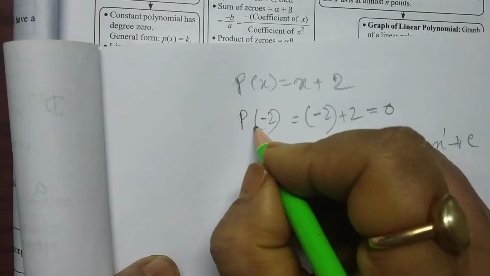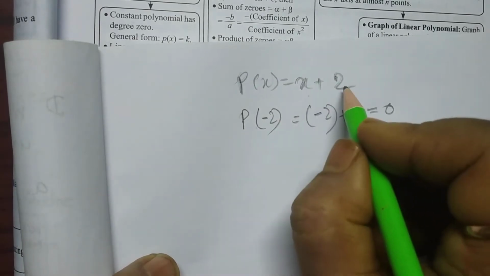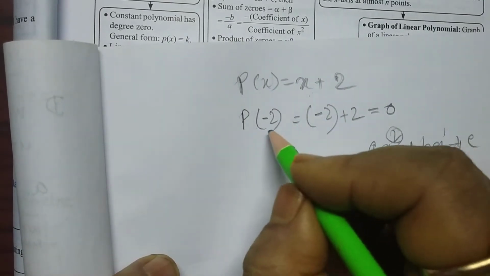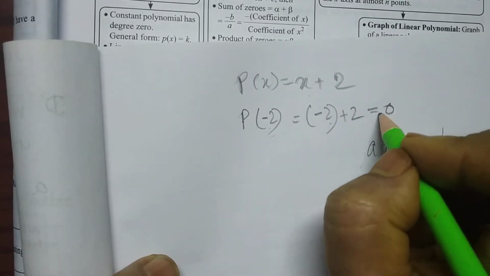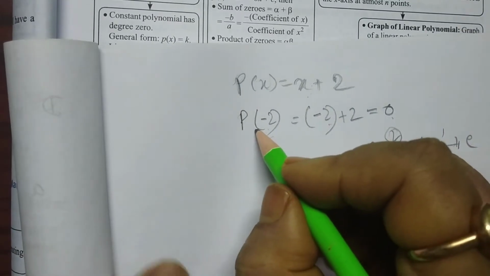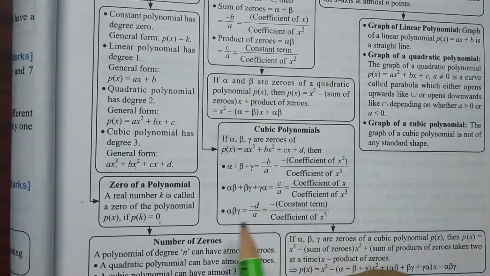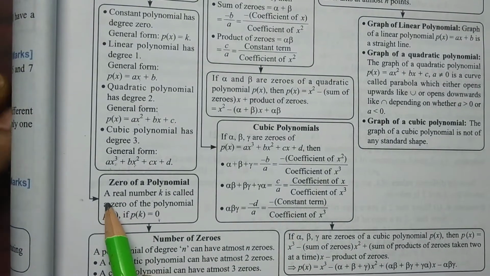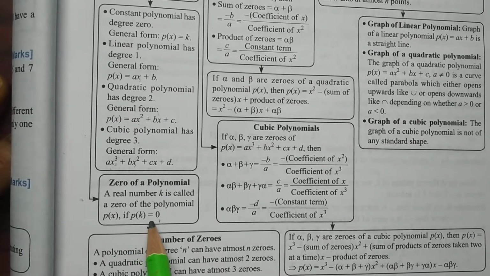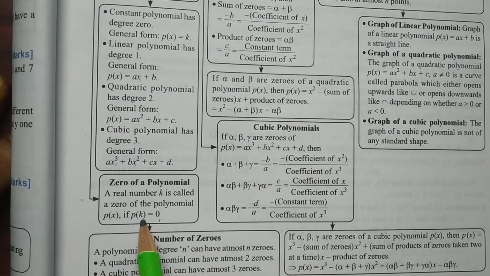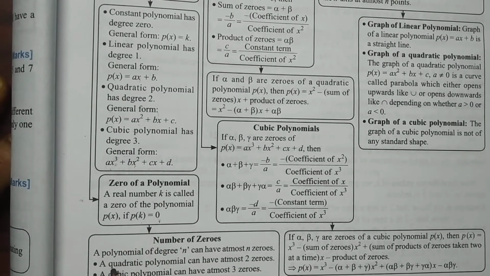That's why -2 is the zero of this polynomial p(x). When we put -2 in place of x, our result is 0. Therefore, a real number k is called a zero of the polynomial p(x) if p(k) = 0. When we put k in place of x, our result is 0, then this k is known as a zero of this polynomial.